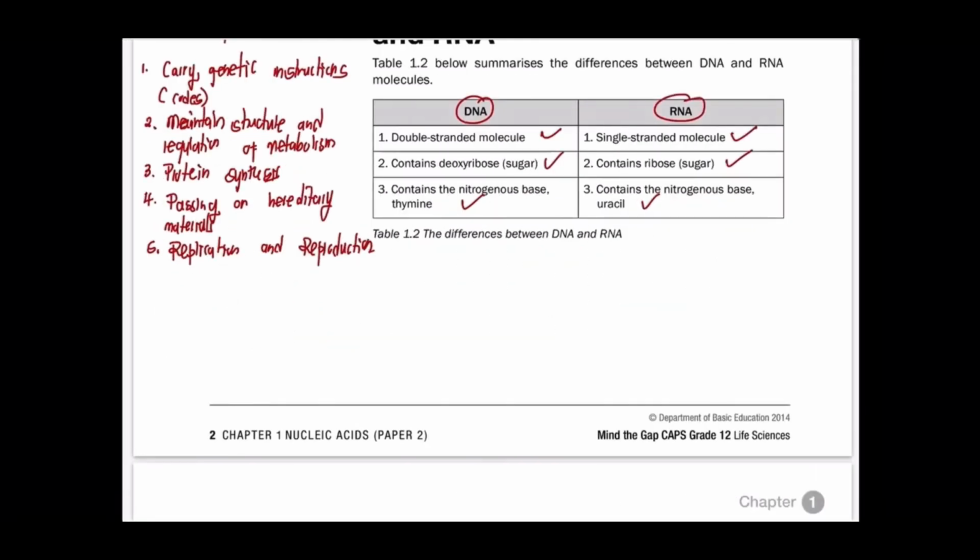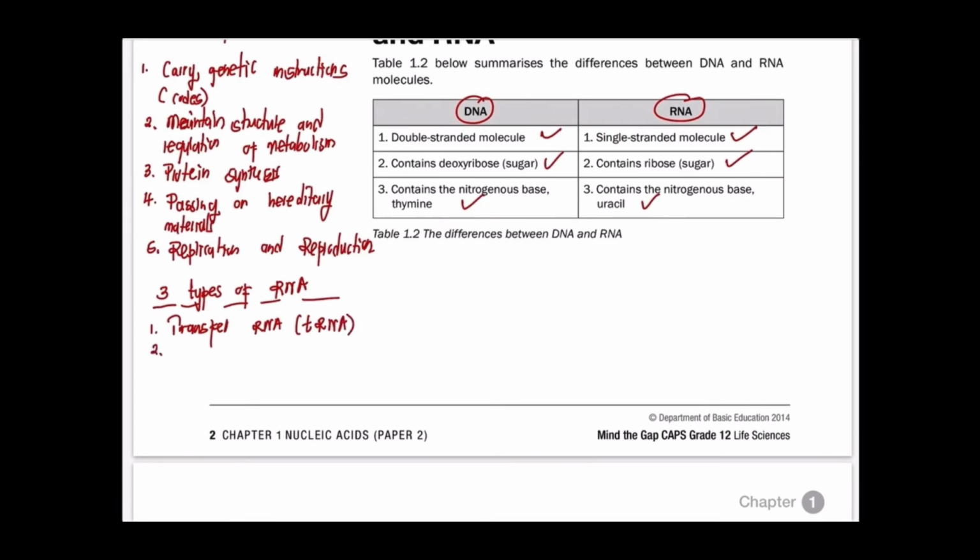So there are basically 3 types of RNA. The first one is transfer RNA, also known as tRNA.